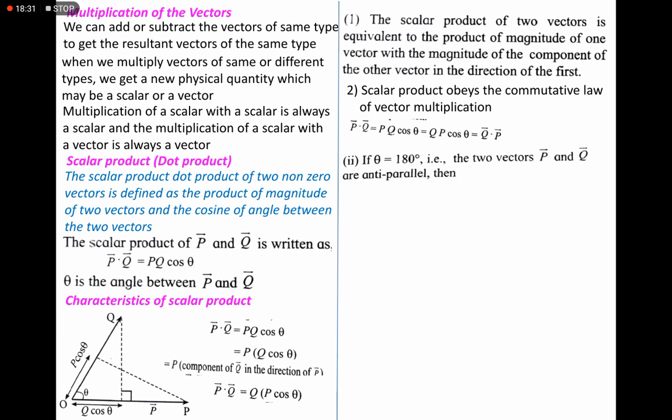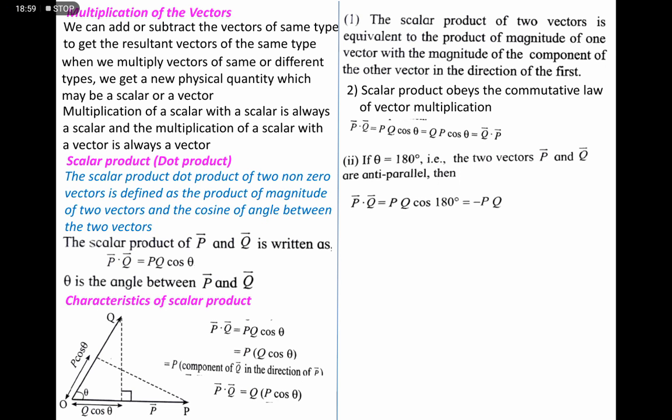Theta is the angle between these two vectors, p bar and q bar. And if it is 180, a straight line angle, the vectors p bar and q bar are opposite to each other, anti-parallel to each other.